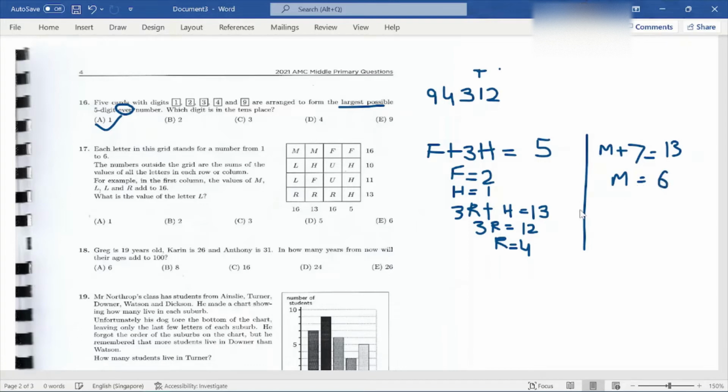When we know that the value of M is 6, we can easily apply that value here and figure out the value of L. If we apply the known values here, the equation building up is 6 plus 2 times L plus R, which is 4, equals 16.